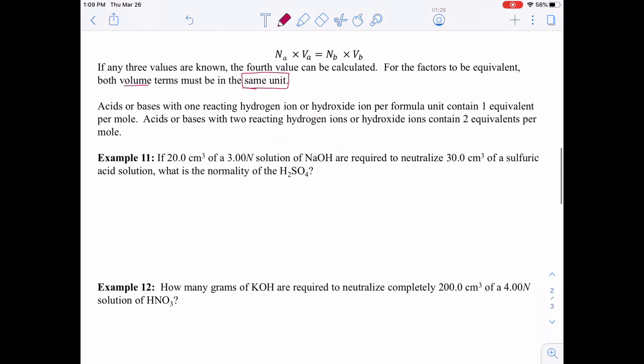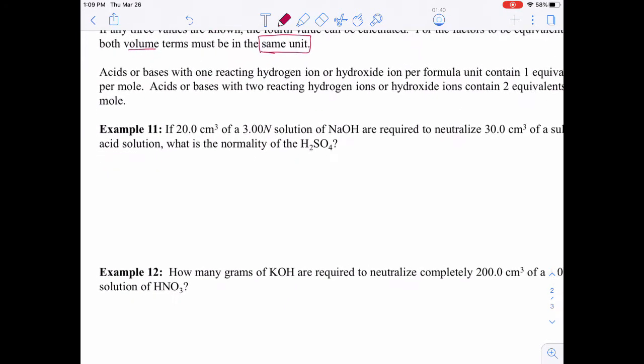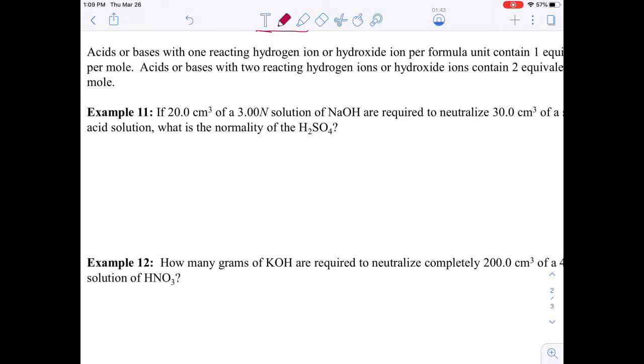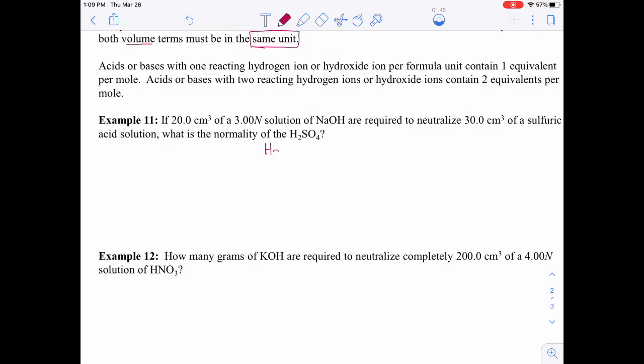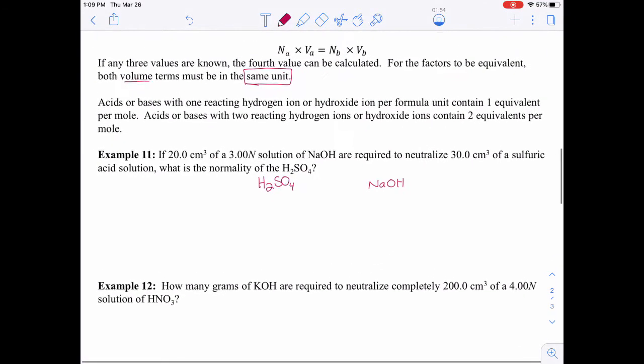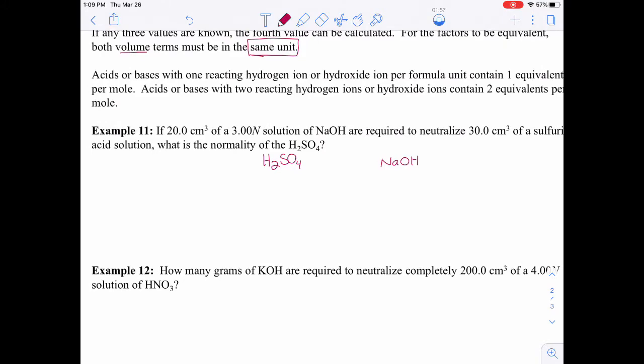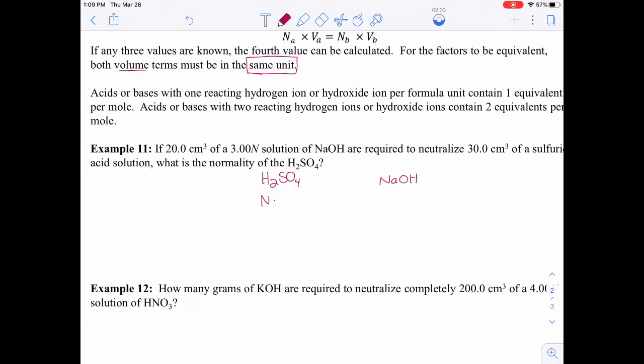So again, it's going to be a different method of solving titrations. The first method we learned was very similar to stoichiometry, and this one is not stoichiometry-like. We have our acid, in this case sulfuric acid, and our base, in this case sodium hydroxide. So we're going to use this normality equation: normality times volume equals normality times volume.